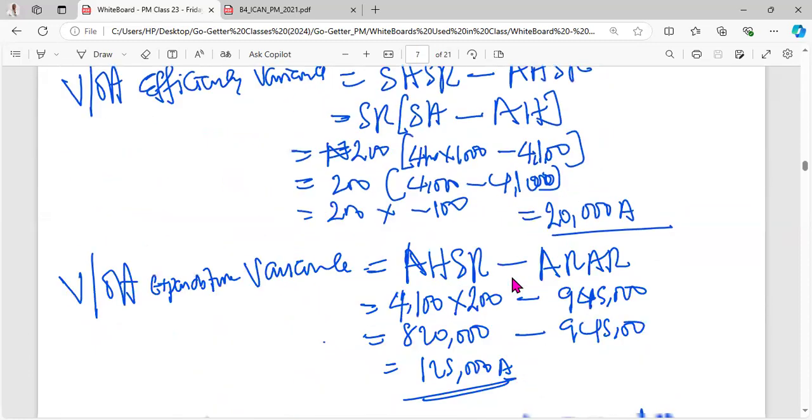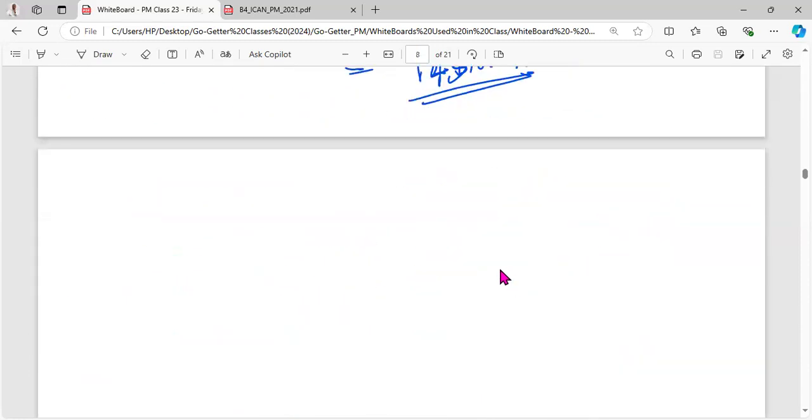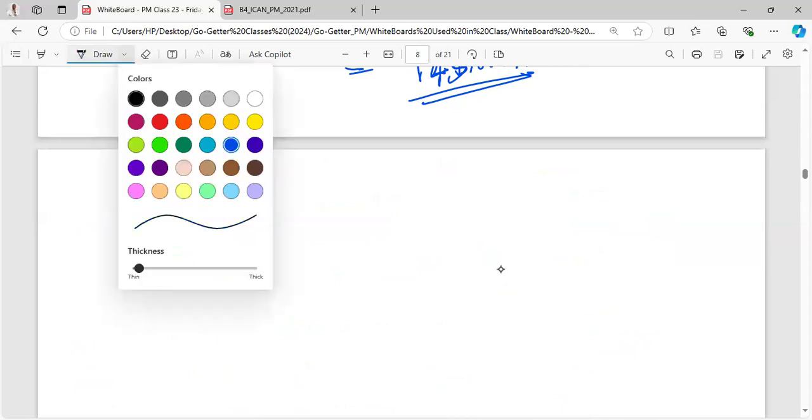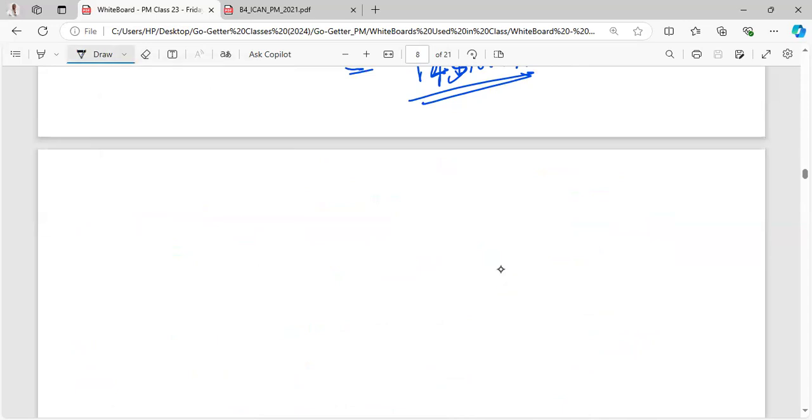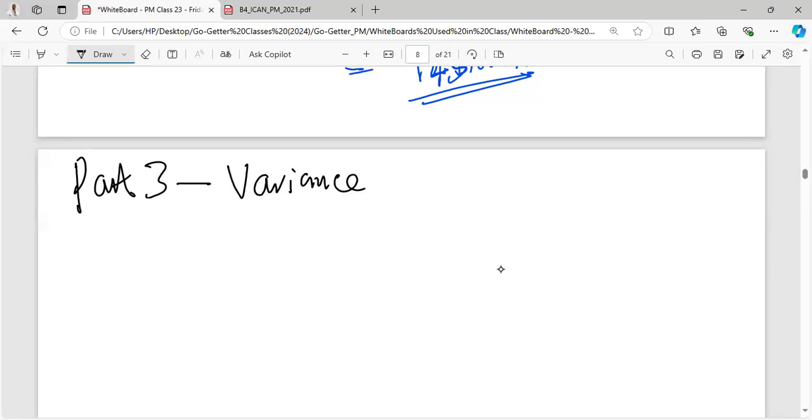So today we'll be looking at part 3, which starts with the fixed variance. This is going to be a different color, but still continues from our page. This is part 3, variance analysis.